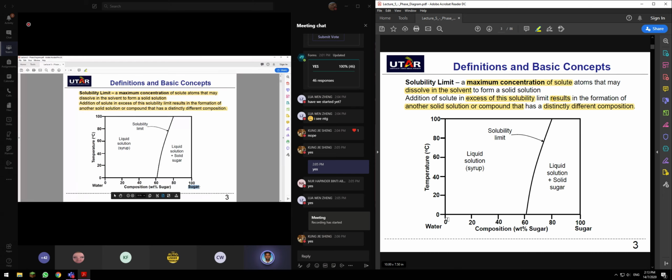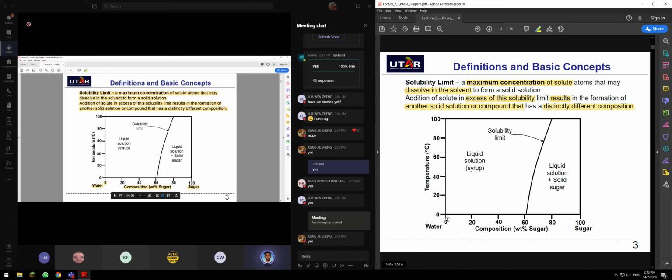A lot of students make the mistake of saying that 0 here is 0 content of water. No. Look at the title of your x-axis. It says composition, weight percentage of sugar. So 0 here means 0 weight percentage of sugar, which equals 100 weight percentage of water. Here the water is 100%. Here the sugar is 0%.